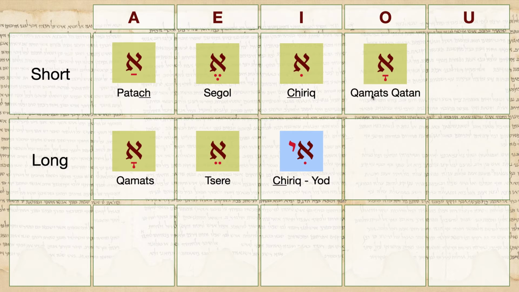Note that this kamatz katan and kamatz are exactly the same. And by the way, the names that I'm using here, kamatz, you might read in some of the Hebrew textbooks as kametz. I'm using the Israeli notation and the names, which are followed in the land of Israel.